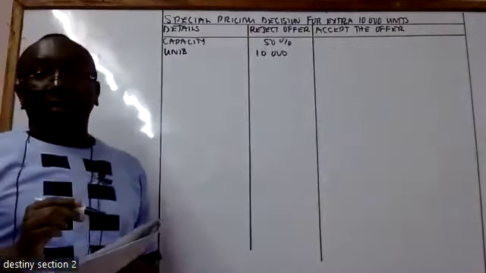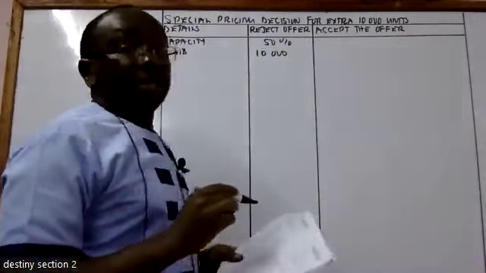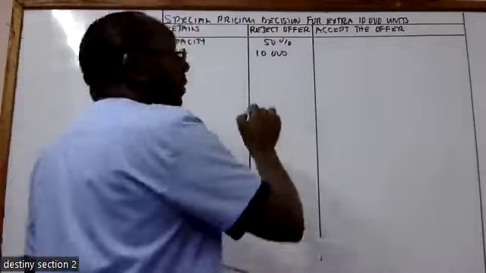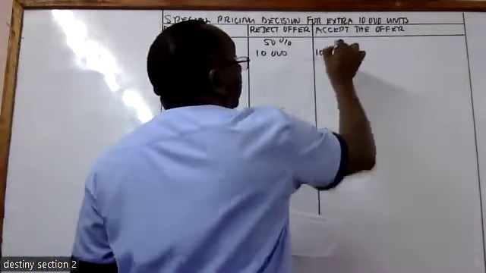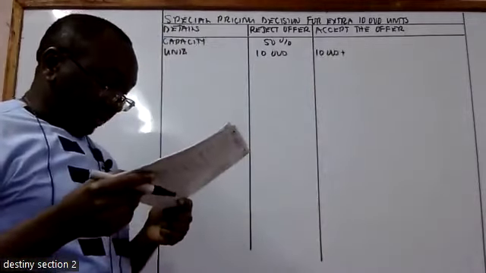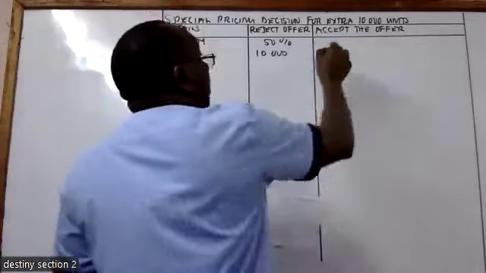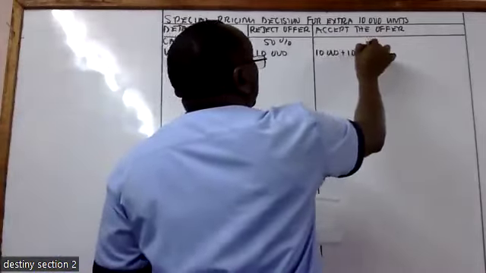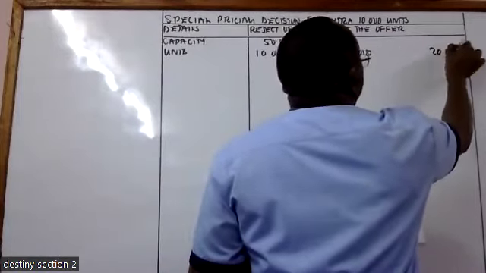But when you accept the offer, the units will be the current 10, because the question says additional 10,000. So we add 10,000. And therefore, this gives you 20,000.